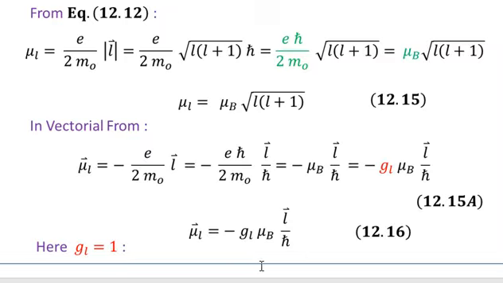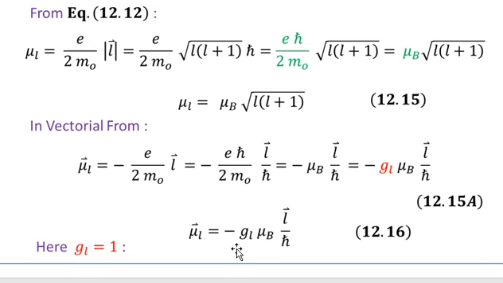So you see that we have written a more comprehensive definition of the orbital magnetic moment in terms of these quantities. Now it may not be necessary that GL is always equal to 1. When we introduced GL in equation number 15a, we said that GL is equal to 1. That is not final. Later we shall see that GL may have different values other than 1.